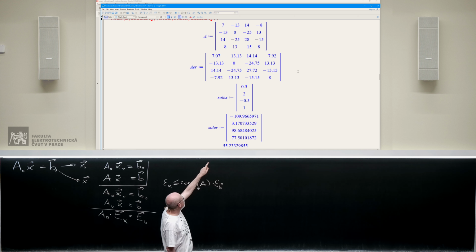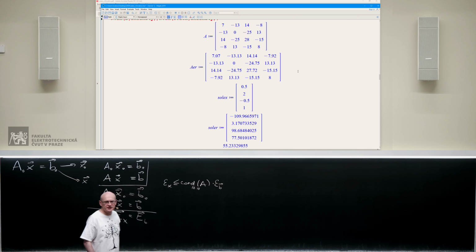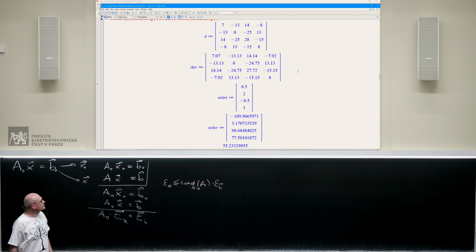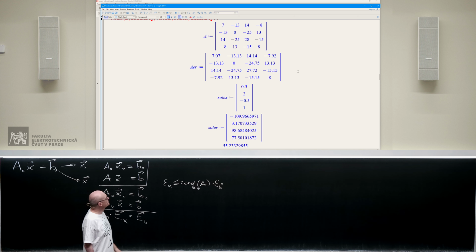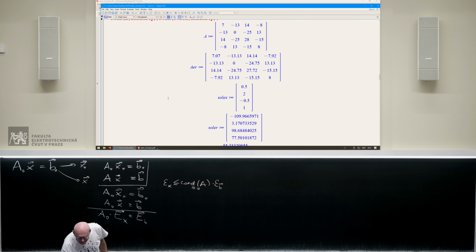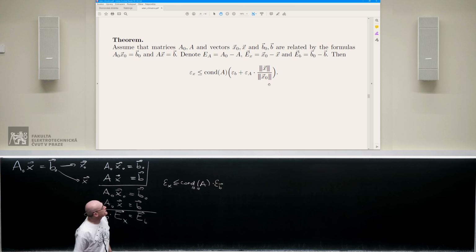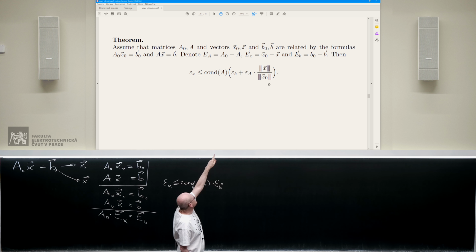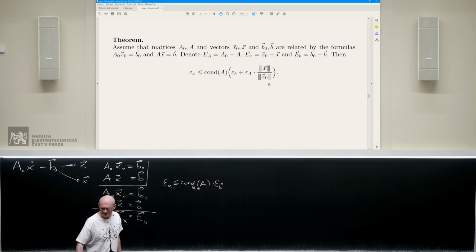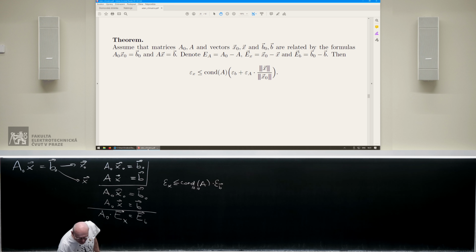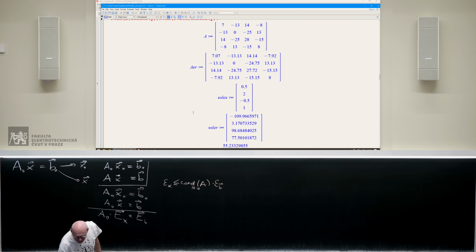So this is 5,500 times worse than the change in the matrix. How is it possible if the condition number is just 250? Well, that's because, if you remember, in the formula the relative error of the matrix is multiplied by the ratio, and this ratio is really huge as well here. So things can get really bad, and they did get bad.